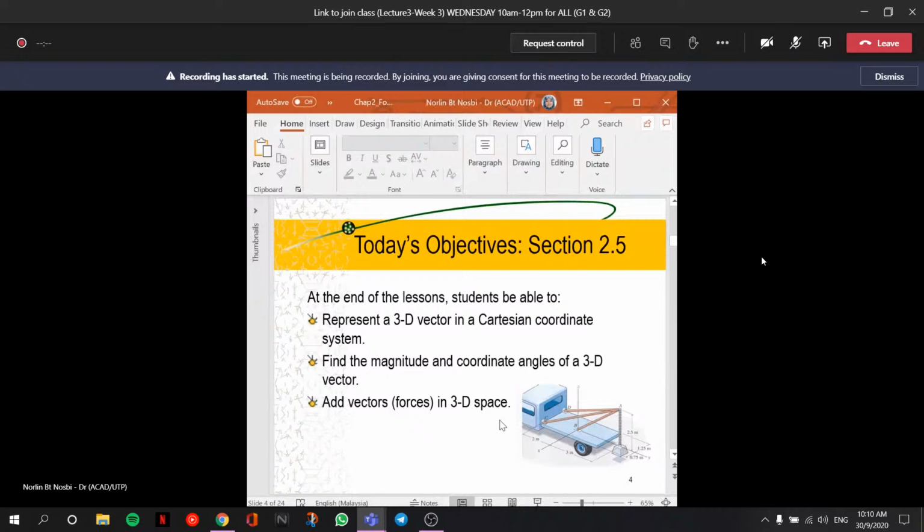Today it is on 3D vector. For example, like this one, you can see the truck. There are x, y, and z axes, so it is in 3D.